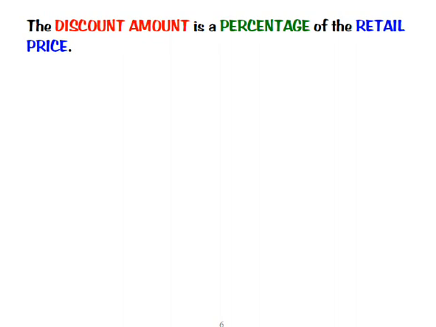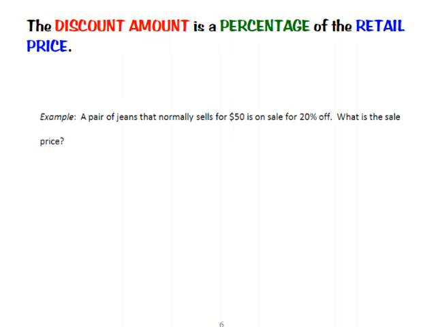The discount amount is a percentage of the retail price. Take, for example, a pair of jeans that normally sells for $50, now on sale for 20% off. You're asked to find the sale price. First, you must calculate the discount amount. The discount amount is unknown, so therefore we will use X. And following the sentence, the discount amount X is, meaning equals, a percentage.